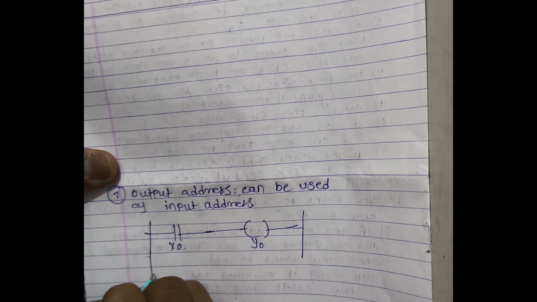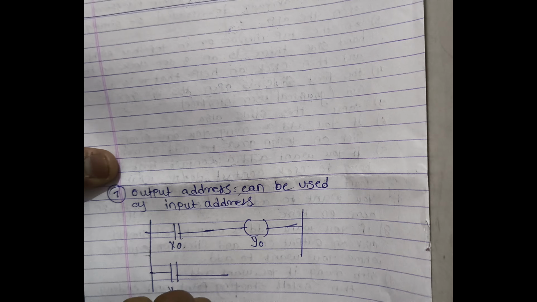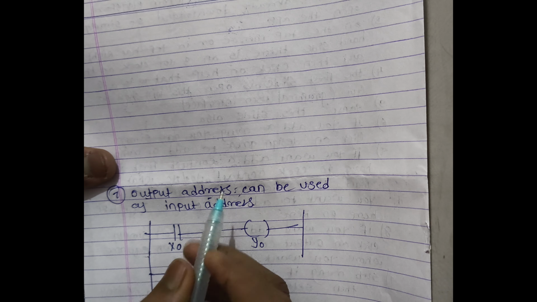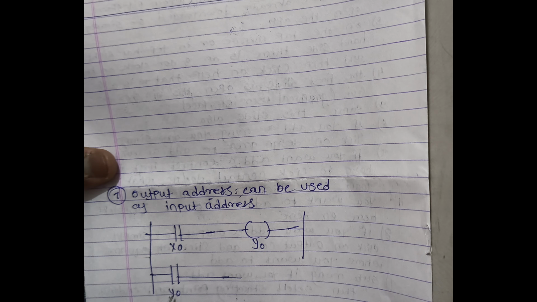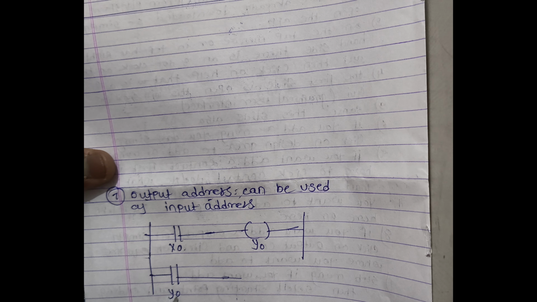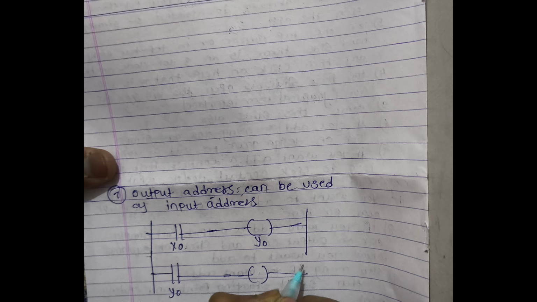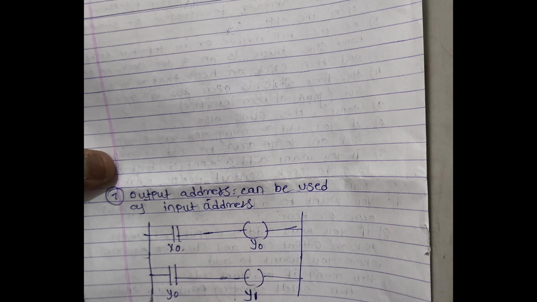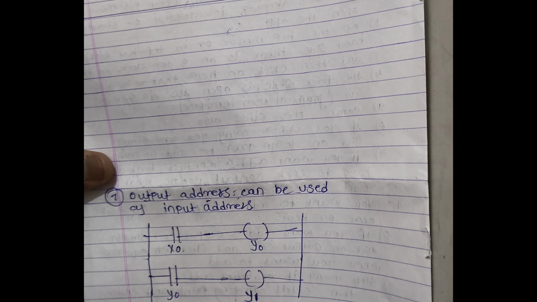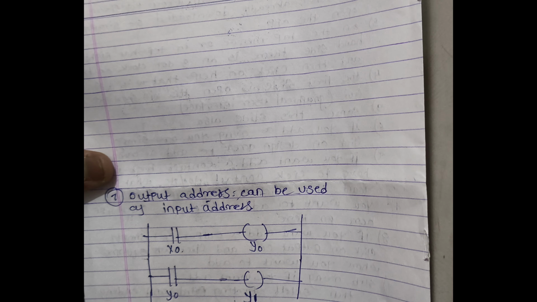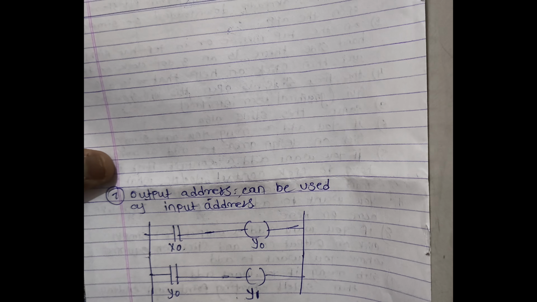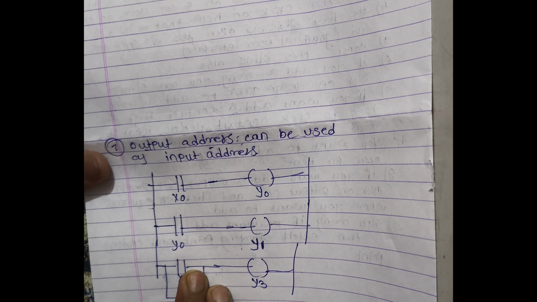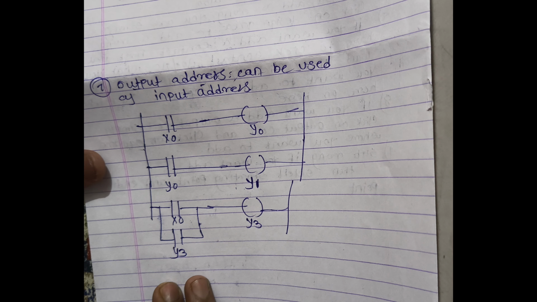Then next we can use y0 also as an input. The rule says that an output address can be used as an input address. The next address is y1. Here also we have one representation of an output address given as an input address, like y3. In that way the PLC programming will be done.